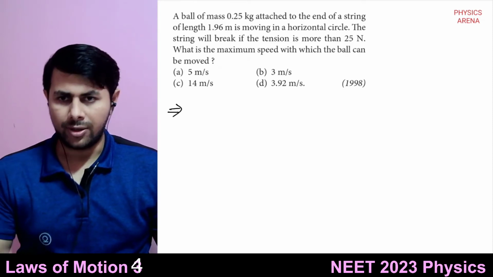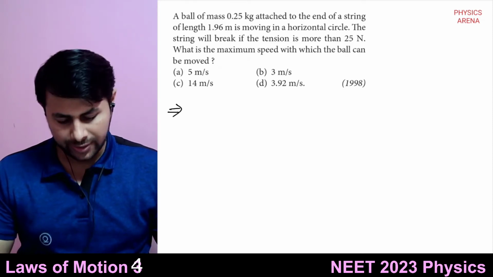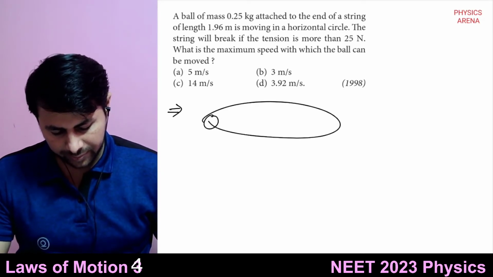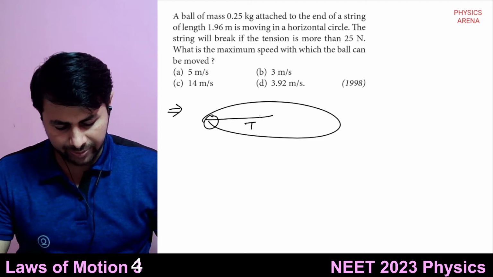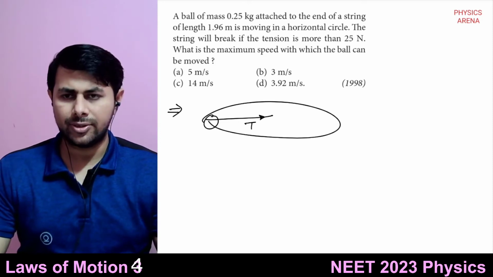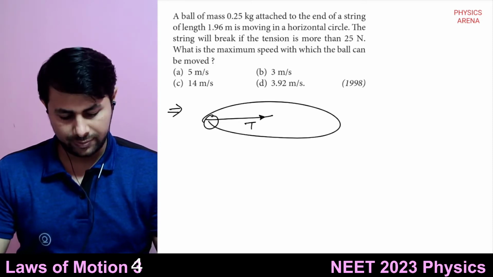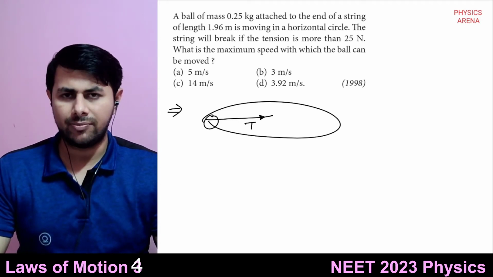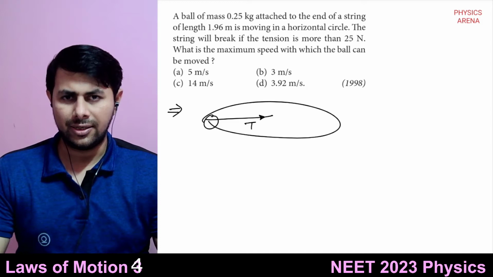So there is a ball of some mass, connected to a string and whirled in a circle. Which thing provides for the centripetal force? It's the tension in the string. So for maximum speed, the tension will be maximum, right?